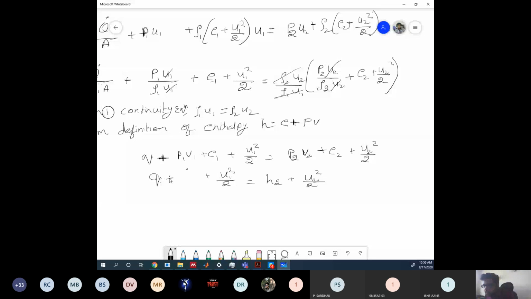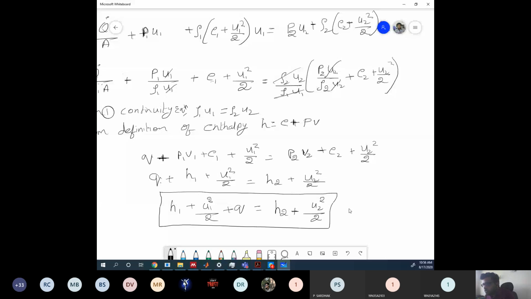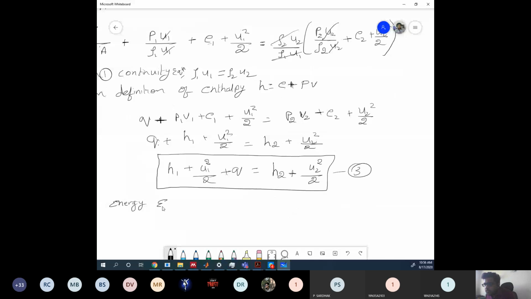I'll rewrite again: h1 plus u1 square by 2 plus the amount of heat added is equal to h2 plus u2 square by 2. This is what is the energy equation, the energy equation for 1D flow.